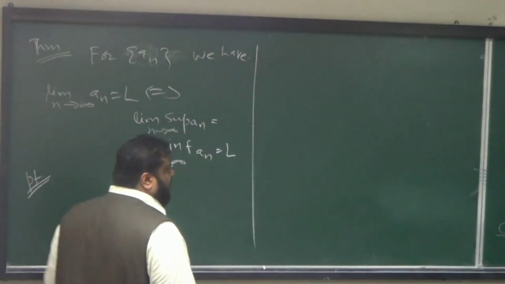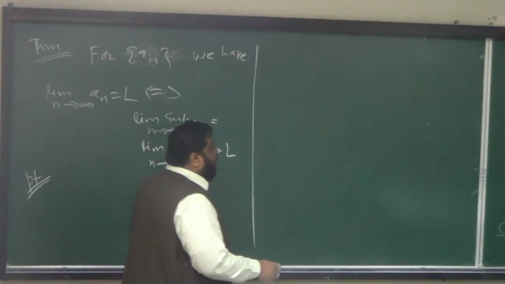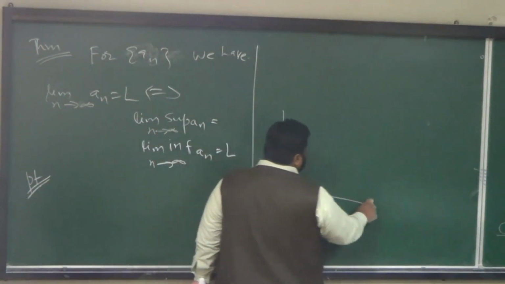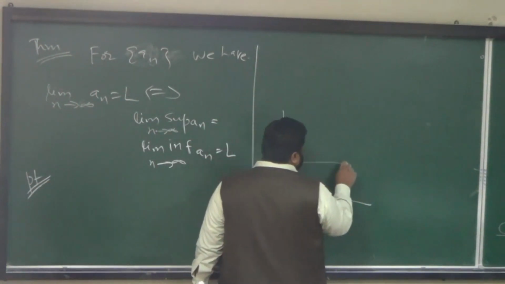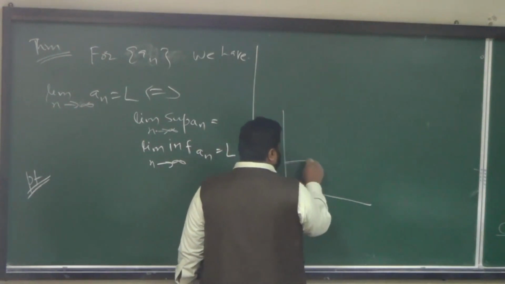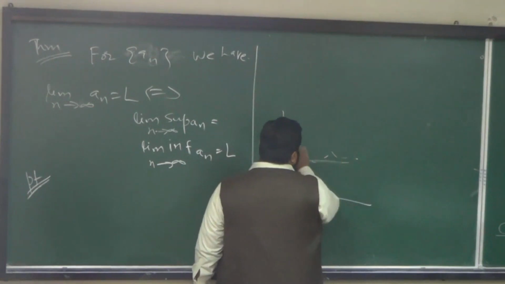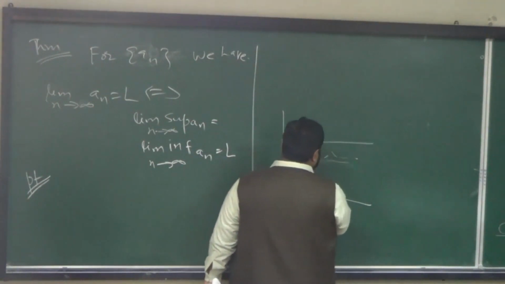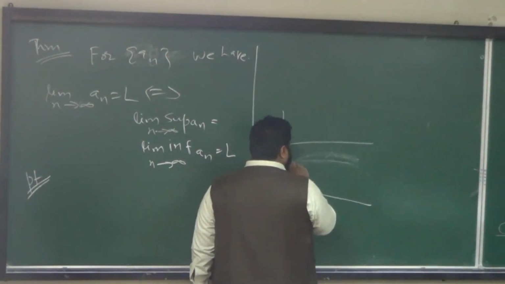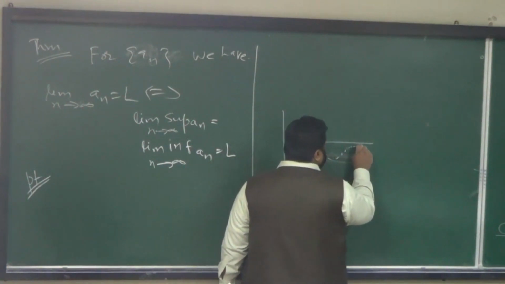Because if a sequence is convergent, then we can make sense of it easily. Just think about it. I have a sequence that wanders around, but after some time we'll get nearer and nearer.